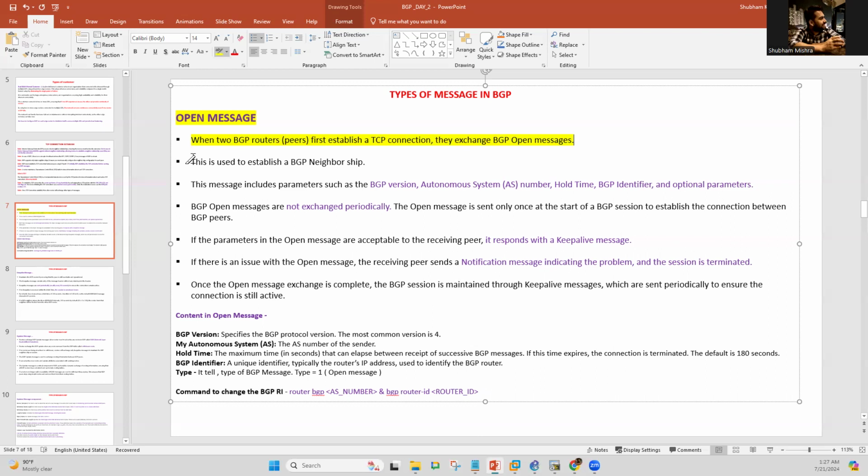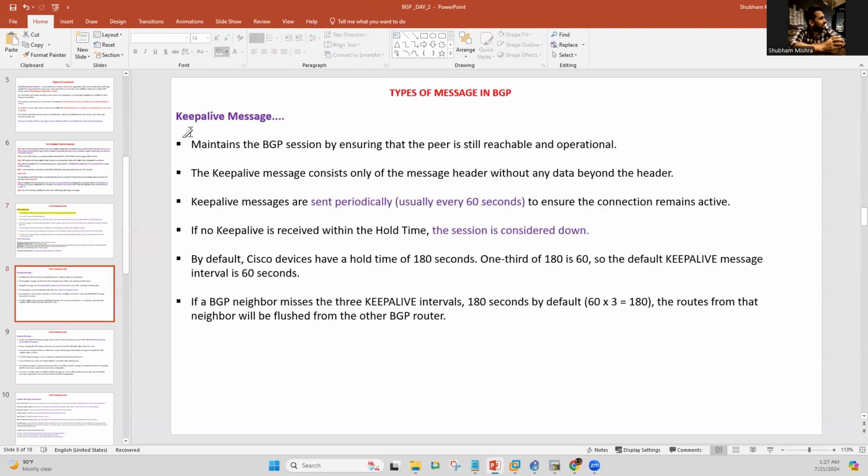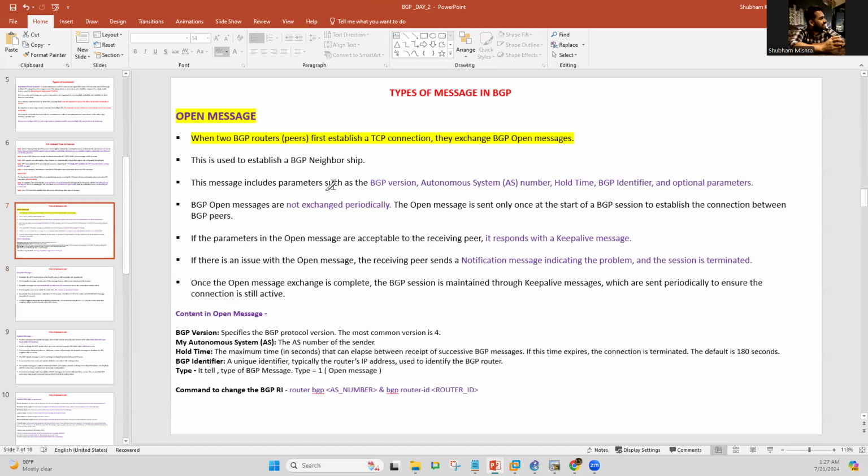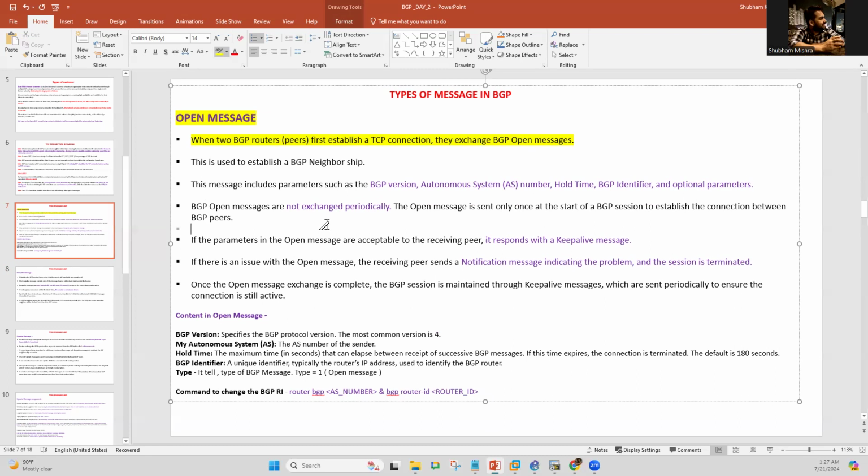But again, you guys will ask, "Yes, sir, but in case of BGP, is there a different message for keepalive?" Then the answer is yes. In case of BGP, we have a different type of message called the keepalive message. This is our next message we will discuss. Getting my point? I hope you guys understand.